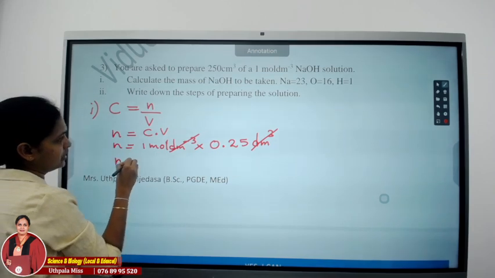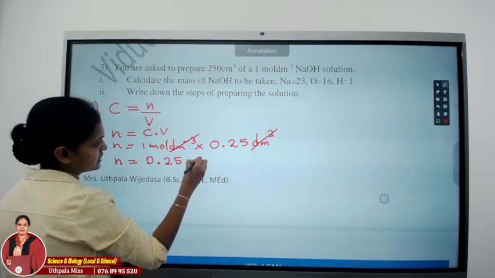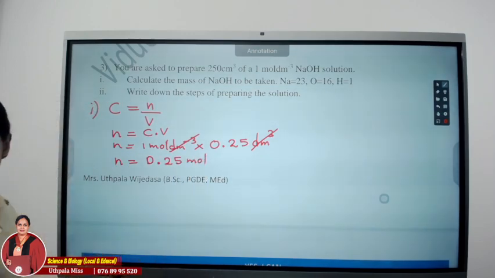Then the number of moles equals 0.25 moles.